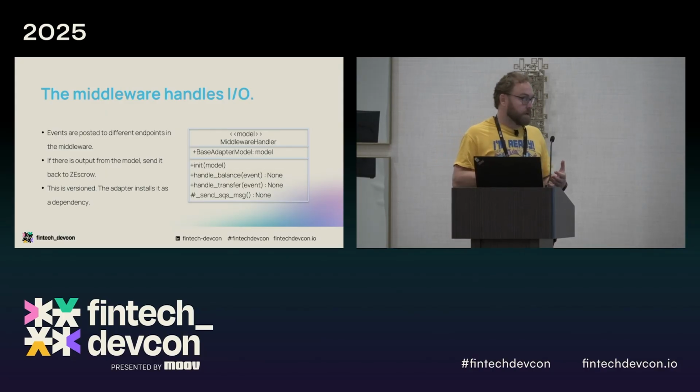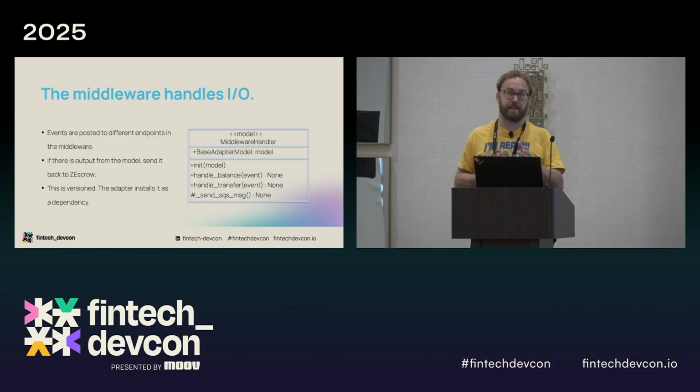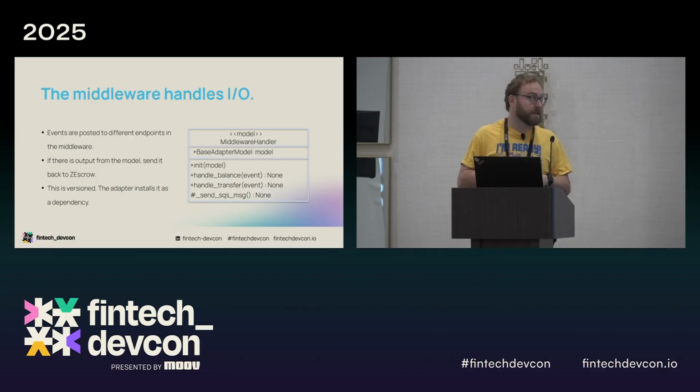The middleware really just handles all the inputs and outputs of the API. That contract is basically fixed. We know what a transfer looks like: it's got 2 account numbers, our unique identifiers, the amount, and the type.